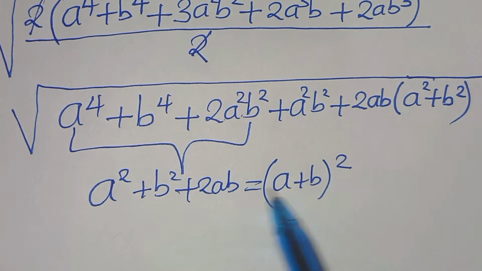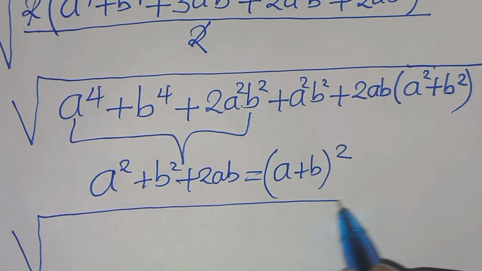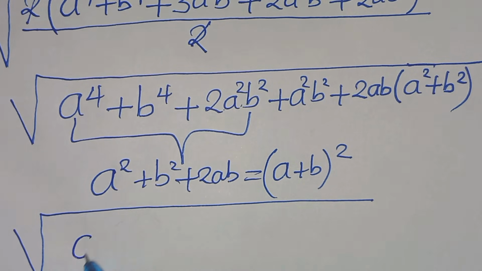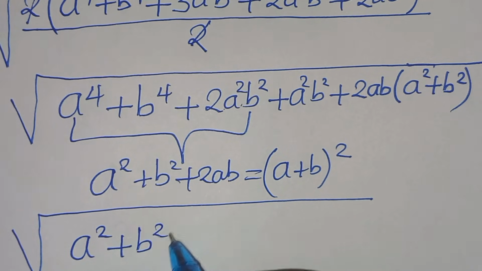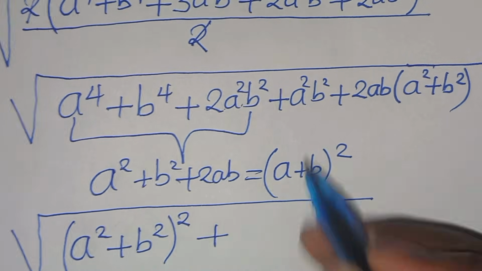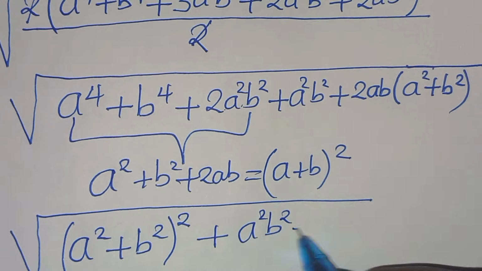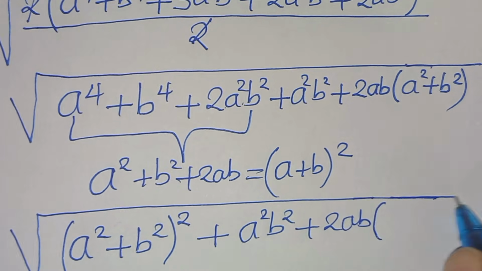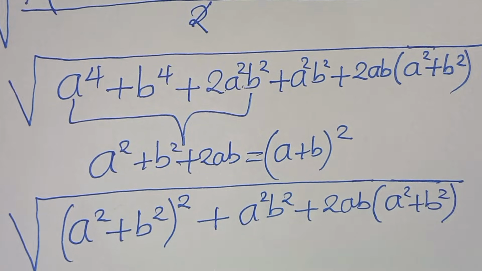So let's apply this algebraic identity so that now here we have the square root of a squared plus b squared raised to the power of 2, then plus a squared b squared, then plus 2ab into the parentheses, this is a squared plus b squared.